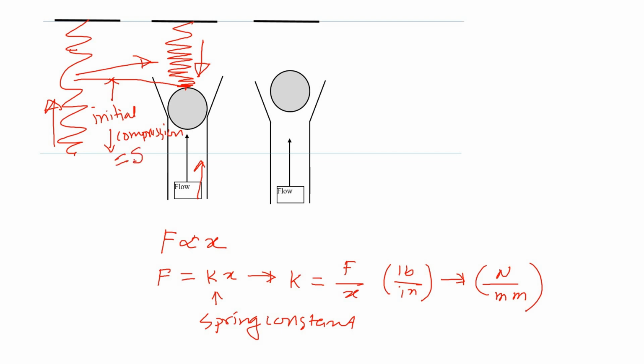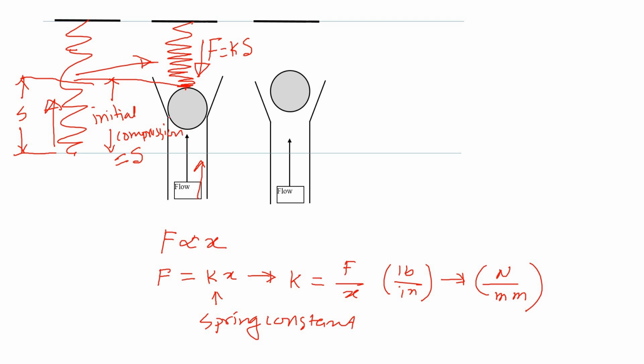Let's say we use the amount S. So the compression amount is S, or some X. You can say X either way. So force is then equal to Kx. If we express the initial compression by S, it's going to be Ks. So that's the force applied here.